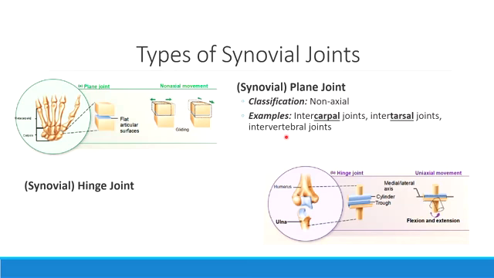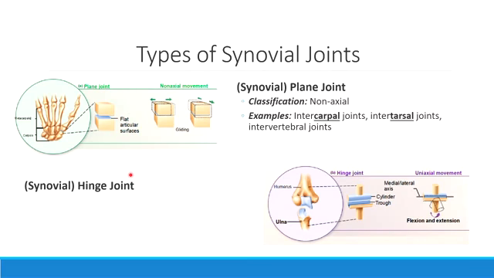So part of it hangs down and the other part reaches up. That's another place where we find these synovial plane joints. I want you to focus on in between the carpals, in between the tarsals. All these guys can do, they can slide, because that's the only way they can move.